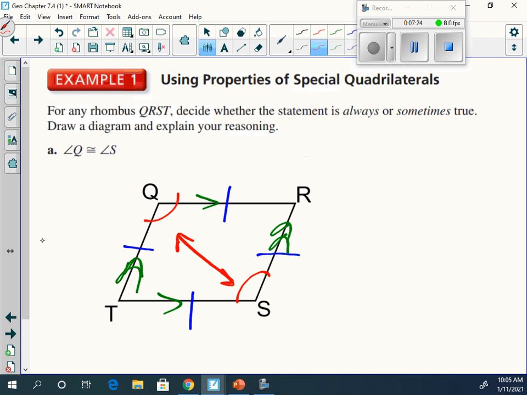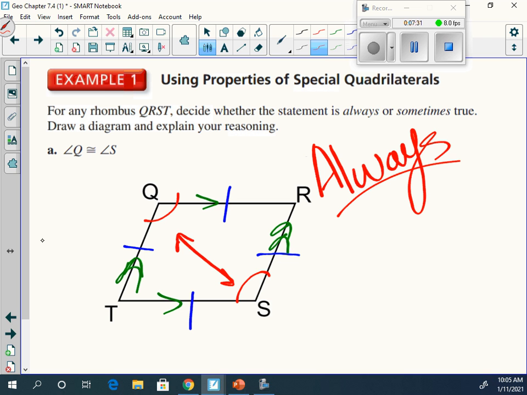Congruent. So this here would be always true, because opposite angles inside of a parallelogram are always going to be congruent. So that means in any parallelogram, the opposite angles will always be congruent. So for this here, it'd be always, because it's a parallelogram.